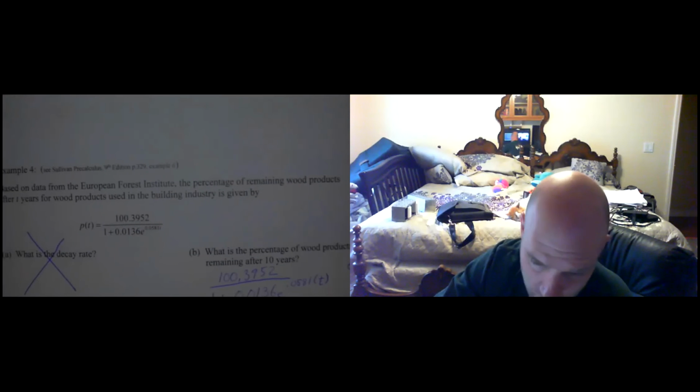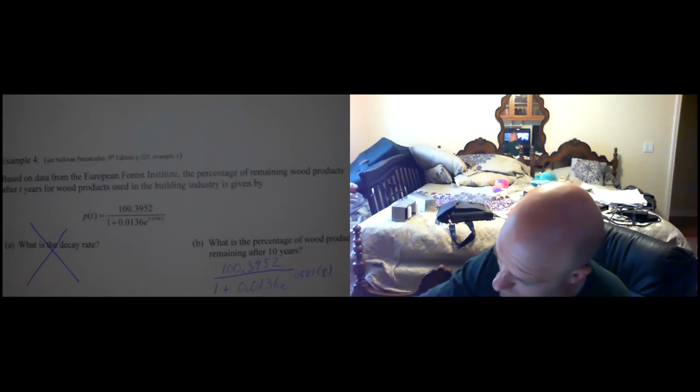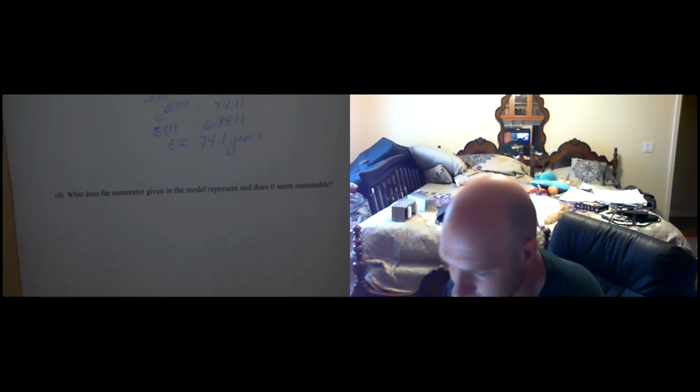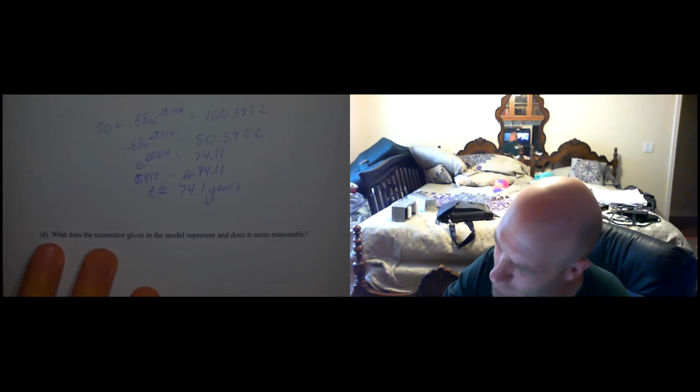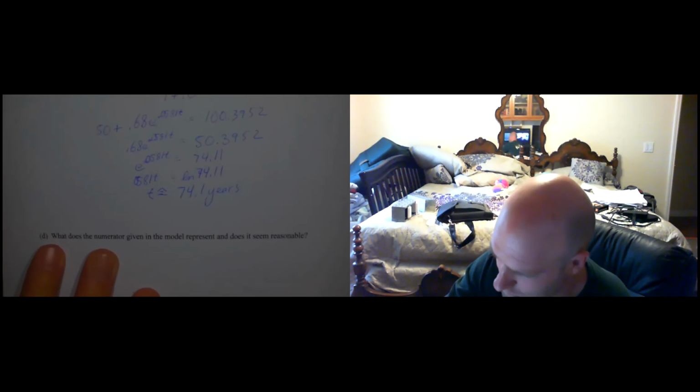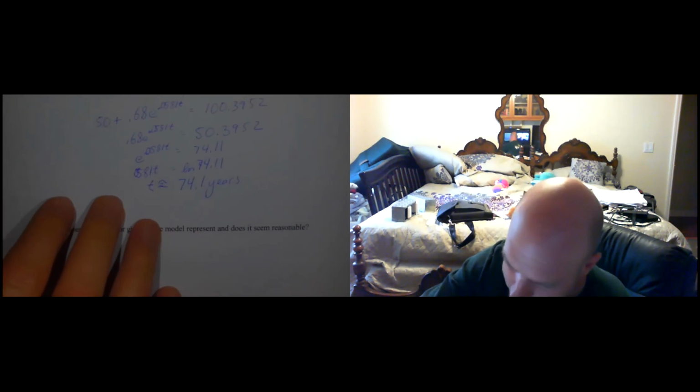So they're really saying what are the initial conditions there. It really gives us an idea of what the initial conditions are when I plug in t equals 0. And again, e to the 0th is 1. 1 times that 0.0136 is 0.0136. Add that to 1, divide it from that 100 point something, and we get basically 100% there.